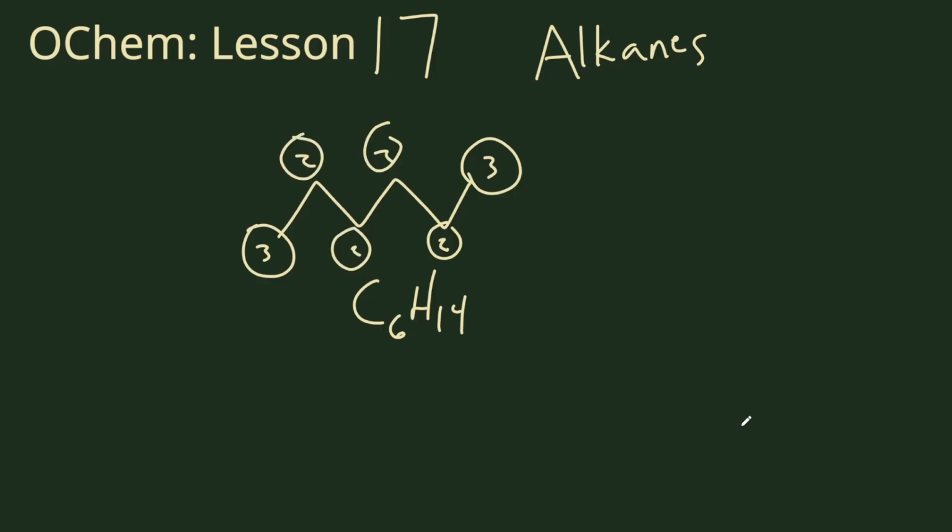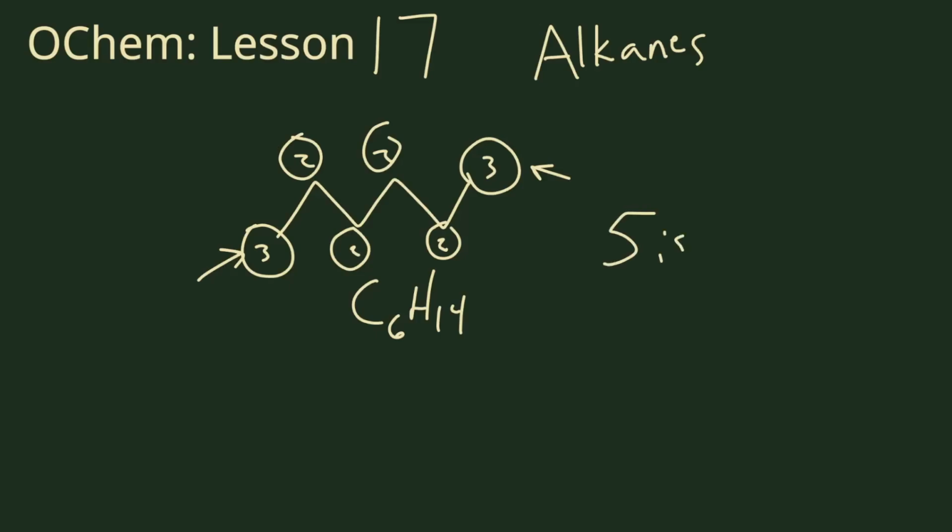That should add up to 14. Because the way you know is that you take the number of carbons and you multiply by 2 and then you add 2. Because there's 1 extra on each end here where there's no more second carbon bond, and you get 14. But you can actually draw 5 different isomers.